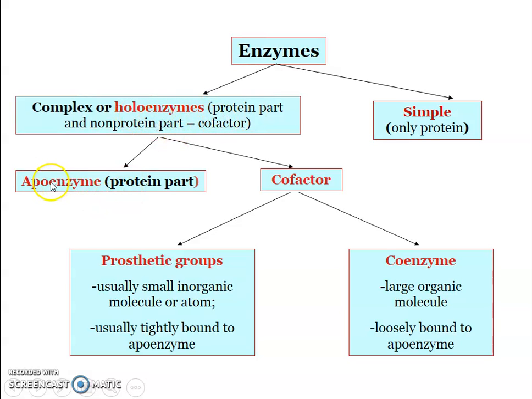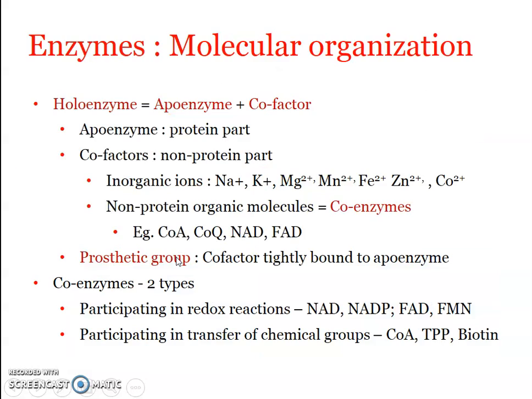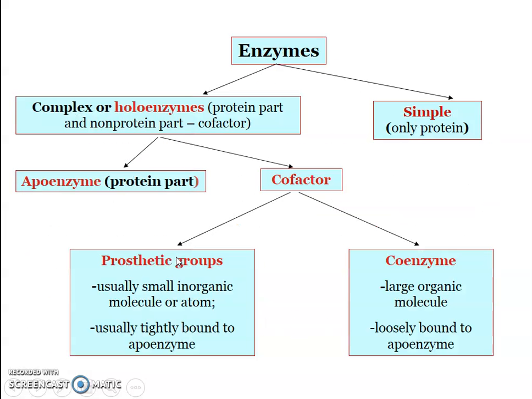The protein part is referred to as the apoenzyme and the non-protein part is referred to as the cofactor. The cofactor could be a prosthetic group or coenzyme, and is inorganic or organic. The coenzyme, when tightly bound to the apoenzyme, we call a prosthetic group. So this is about the classification of enzymes, I mean, the molecular organization of the enzymes. I hope it is clear.